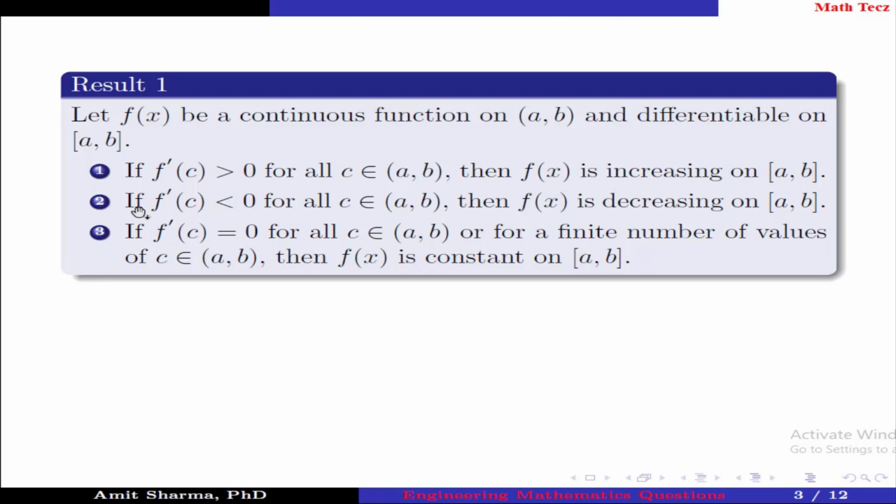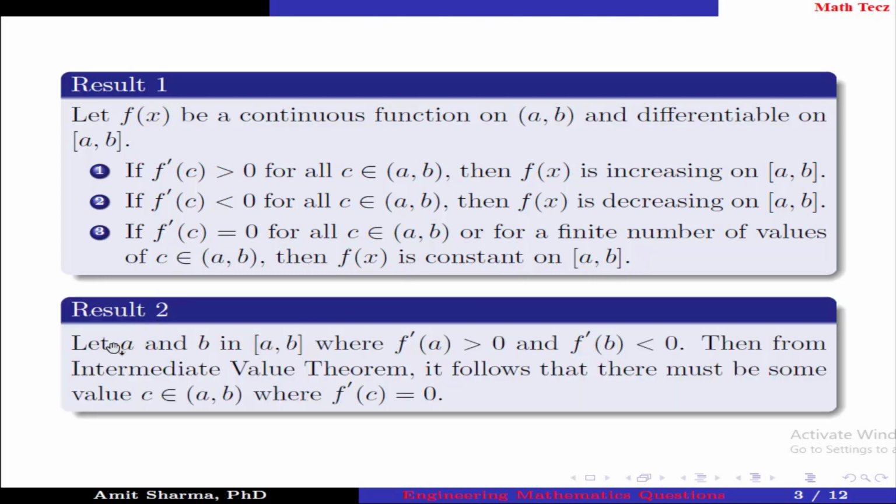Point number 2, if f dash c less than 0 for all c belongs to open interval ab, then f(x) is decreasing on closed interval ab. Point number 3, if f dash c is 0 for all c belongs to open interval ab or for a finite number of values of c belongs to open interval ab, then f(x) is constant on closed interval ab.